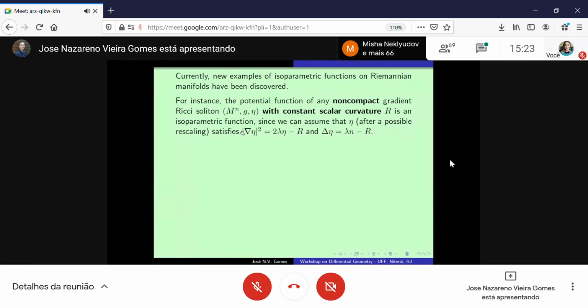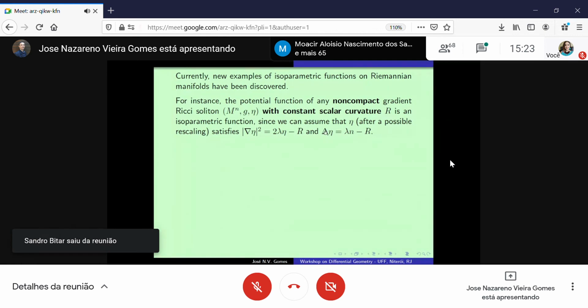The first one is the Hamilton relation, and the second one follows immediately from the Ricci soliton equation.